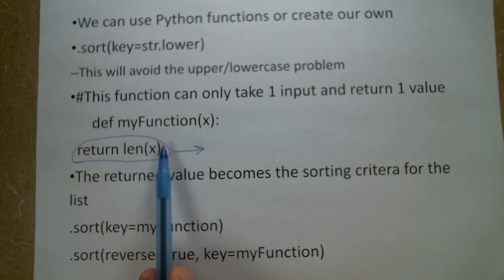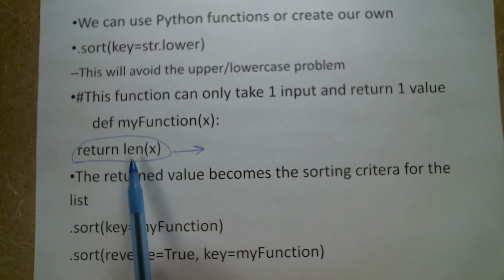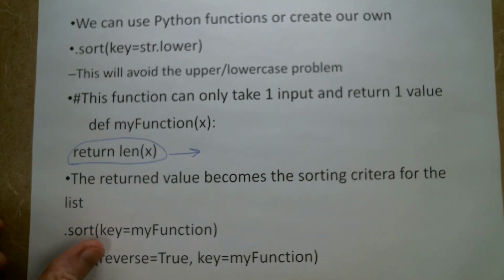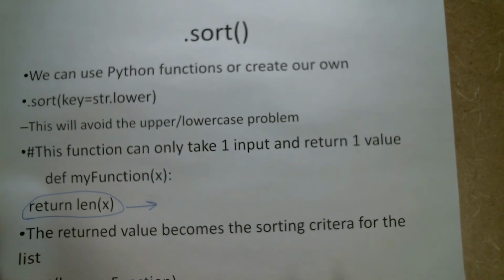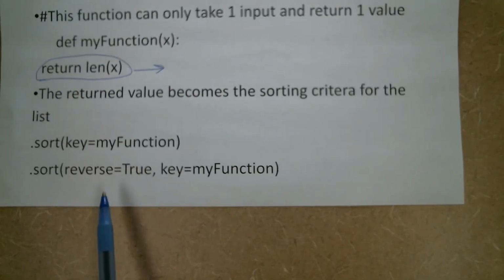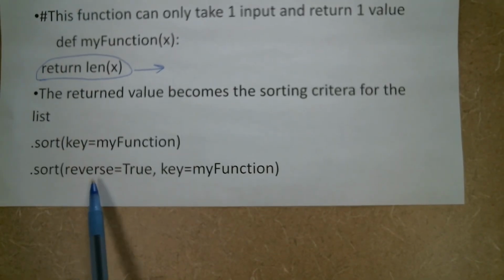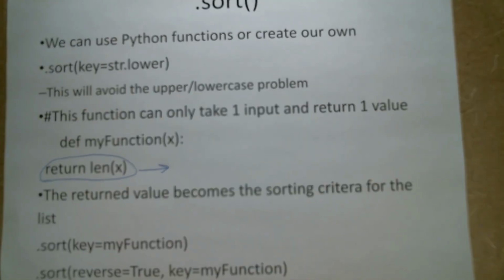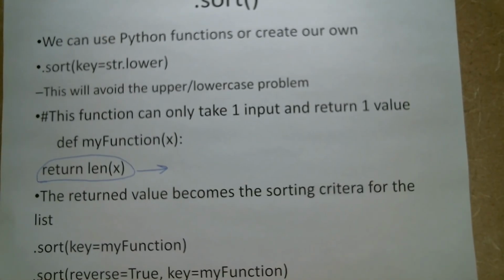There can be other code in here, there could be other stuff happening, as long as it only has a single input and a single return value, you can use it as part of a sort. And that whole ascending, descending, and custom sorts can be combined. So you do the ascending, descending part first, and then you follow it with the key part, either my function or str.lower or whatever you happen to be doing there.